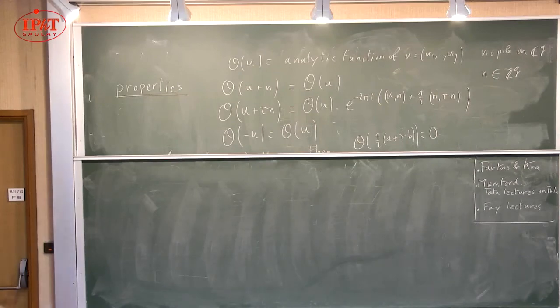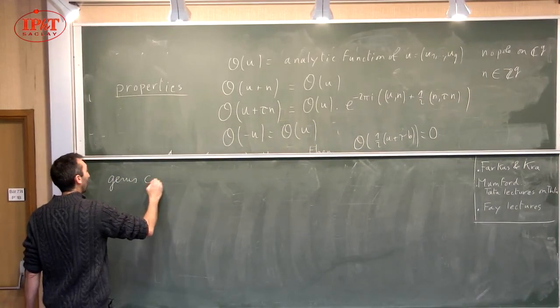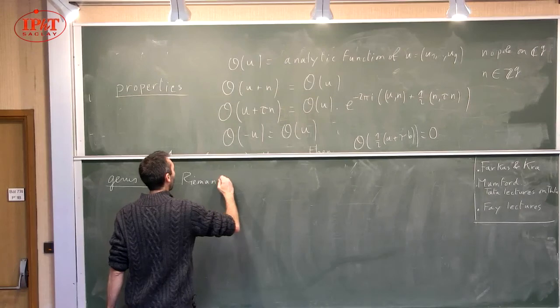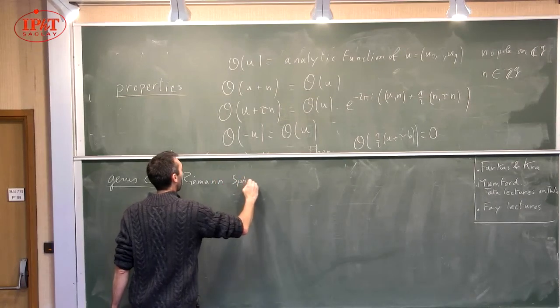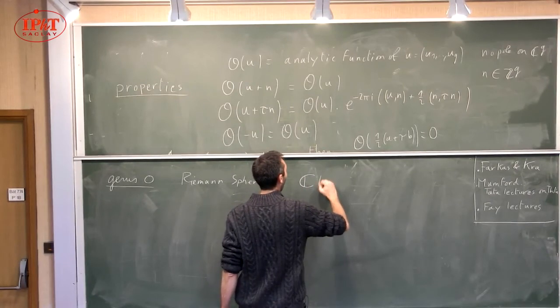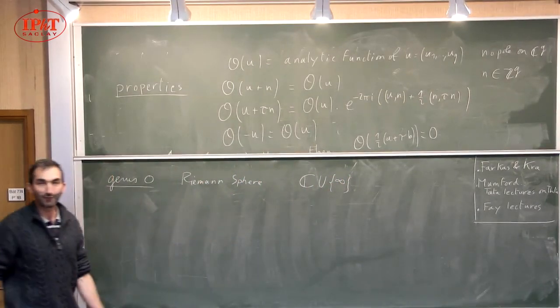Let me go back to genus 0, and the Riemann sphere, which is C union the point at infinity.